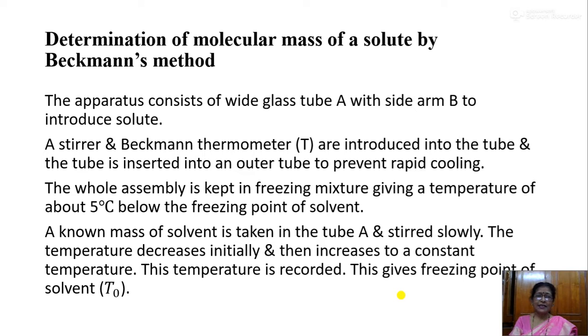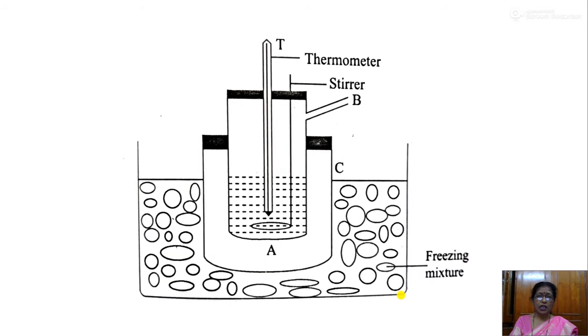The apparatus consists of a wide glass tube A with a side arm B to introduce solute, as shown in the diagram. Through this side tube you can add a solute.